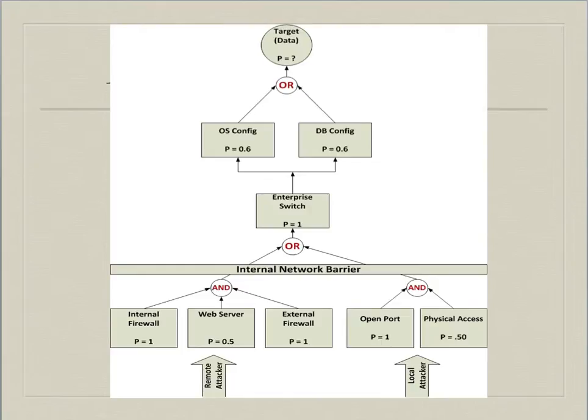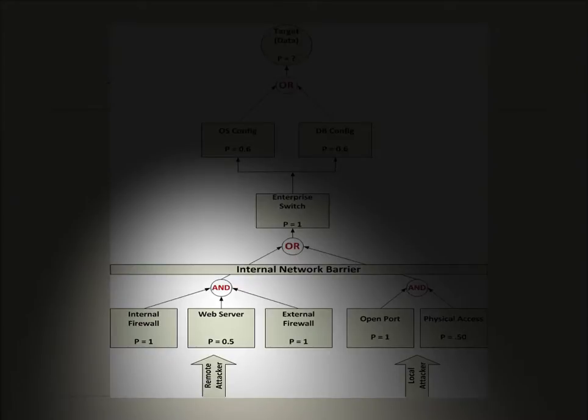So on the first layer for the remote attacker, we have her facing an internal firewall, a web server, and an external firewall. The firewalls both have been configured for wide open and only blocking what the security team thinks might be malicious. This is just the opposite of what we've talked about for firewalls.